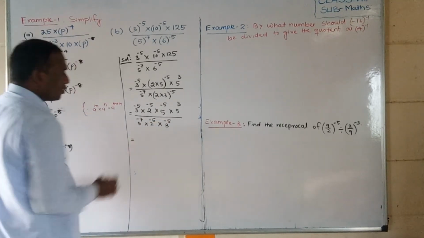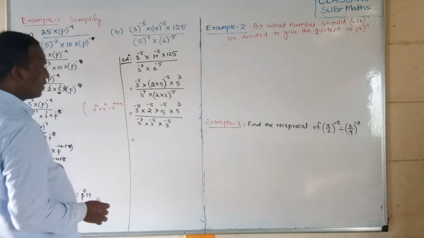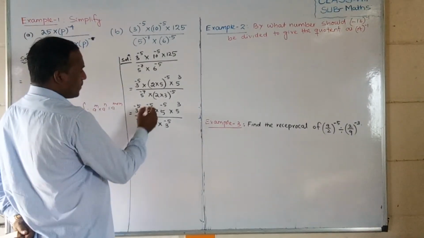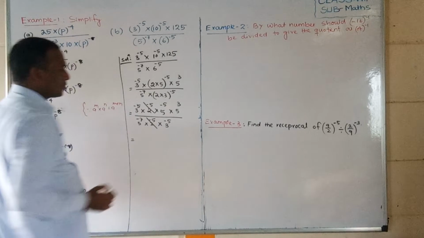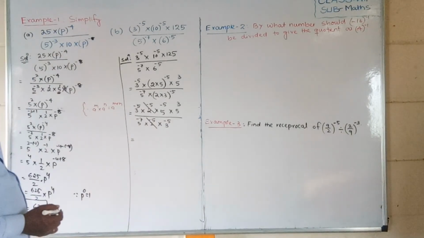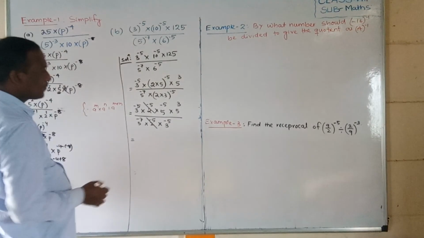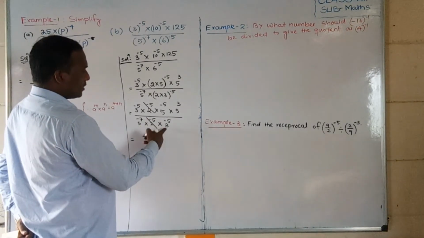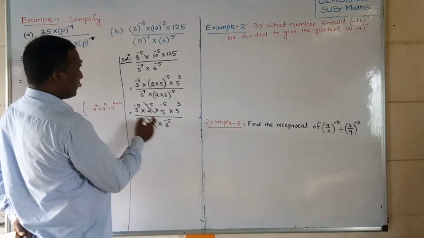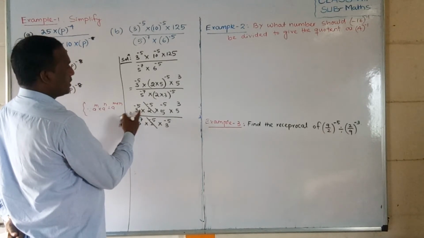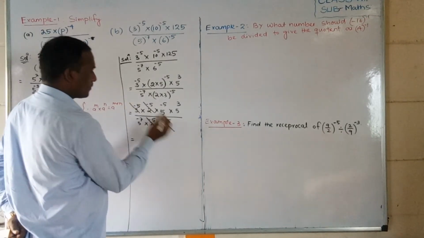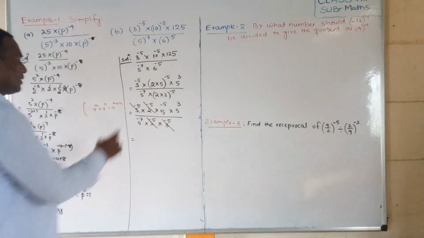Now look, students. First, 2 to the power -5 cancels with 2 to the power -5. Now 3 to the power -5 and 3 to the power -5 also cancel. Now what remains?